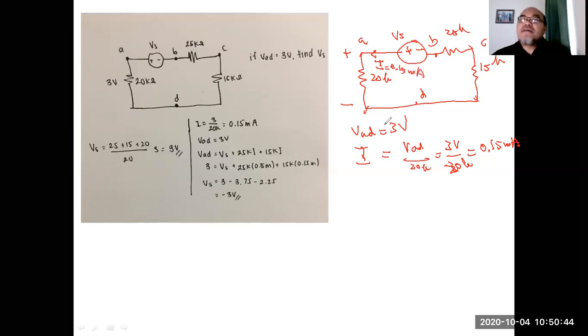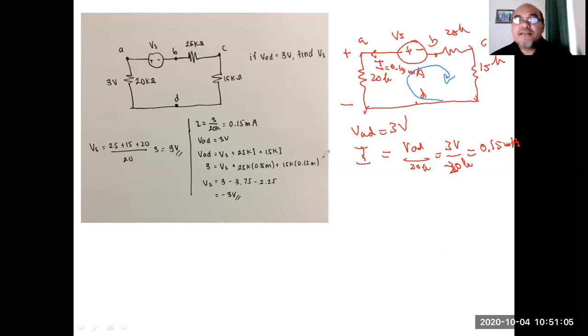Having said this, let's use Kirchhoff's voltage law to calculate. Let's say which direction? Let's use the clockwise direction.